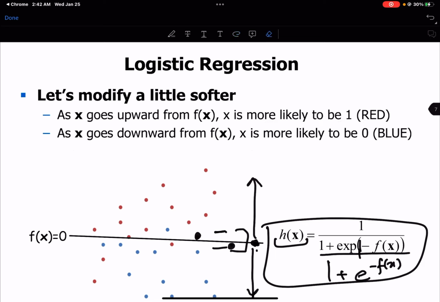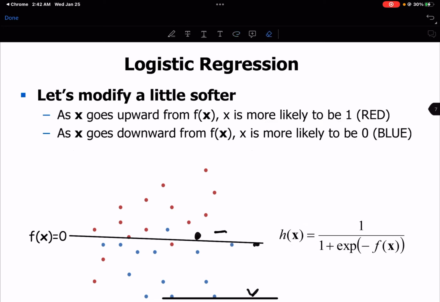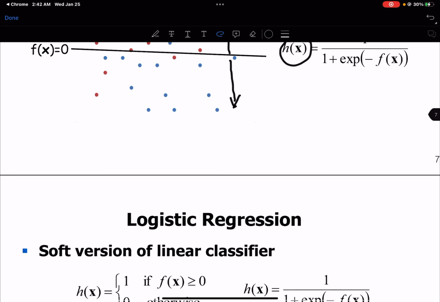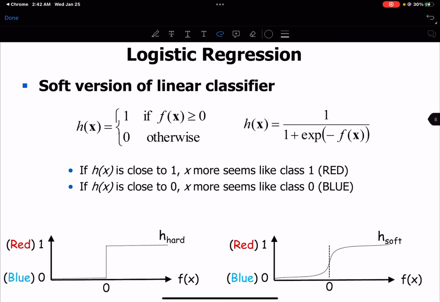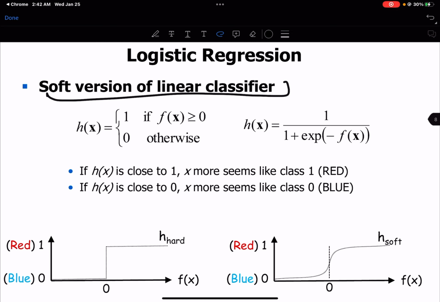Rather than a hard classifier, now we have defined a probabilistic classifier, which says if you go above, the more you are away from this line, the more likely it is to be red. And the more you are going downwards from this line, the more likely it is 0. So this is a new classifier now, a softer version of the linear classifier.